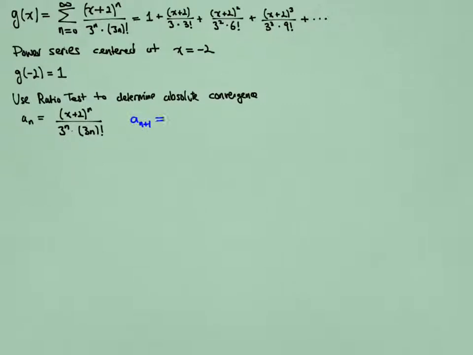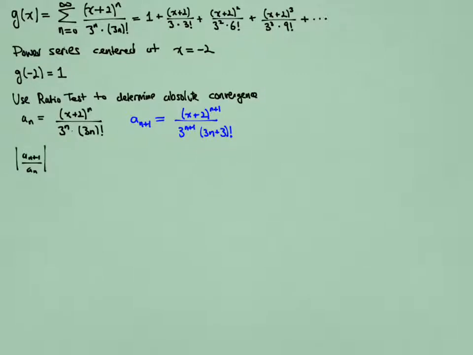I'm going to look at the next term in the series, so I take a_(n+1). Every exponent goes up by 1. Notice when I take n + 1 for n in this expression, I'll actually have 3 times (n + 1), which is 3n + 3. Be careful here evaluating 3 times (n + 1), but that will be tripled, so I'll see an extra 3 here in the factorial.